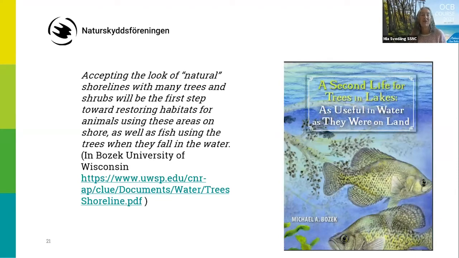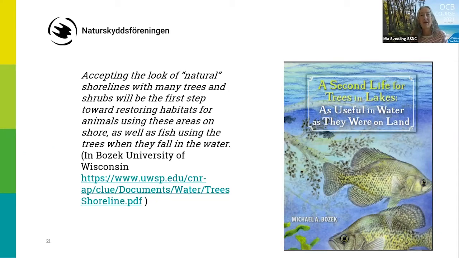So this is a quotation from a book. I think it's really nice because it says: accepting the look of natural shorelines with many trees and shrubs will be the first step towards restoring habitats for animals using these areas on shore, as well as fish using the trees when they fall into the water.